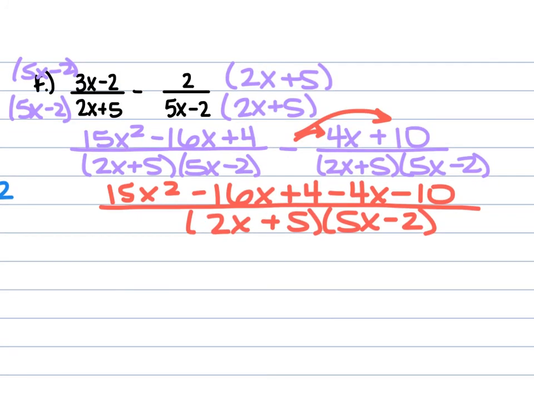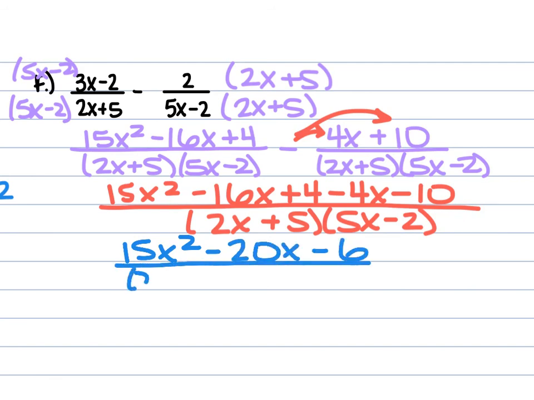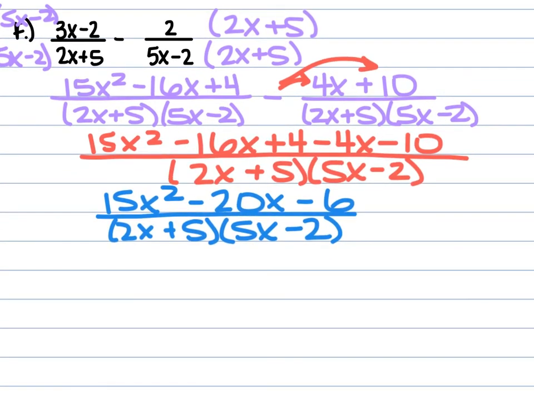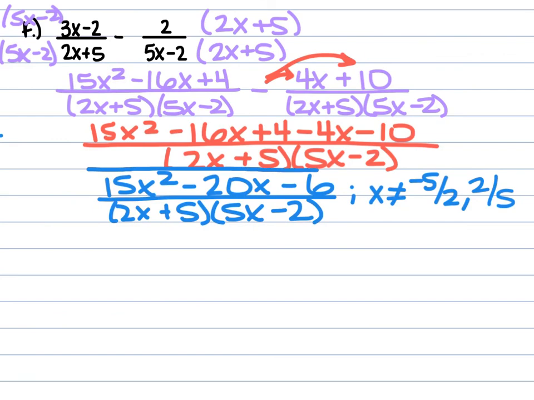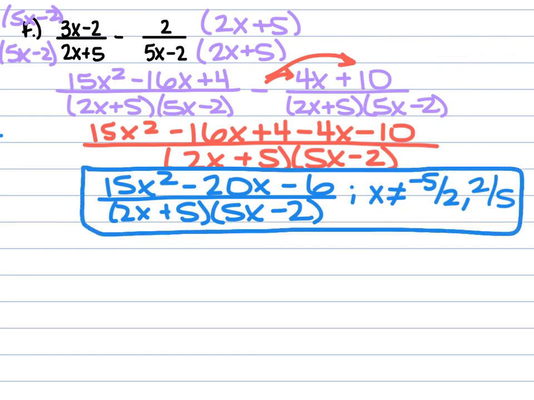So from here, combine like terms, we're going to have 15x squared minus 20x minus 6 over 2x plus 5 times 5x minus 2. You cannot factor that top any further, so you're just going to tell me that x cannot equal negative 5 over 2 or 2 over 5. So this would be your entire answer.